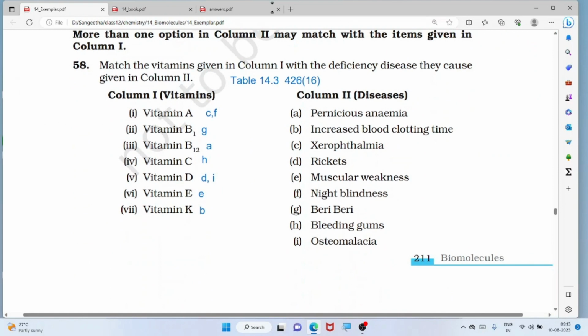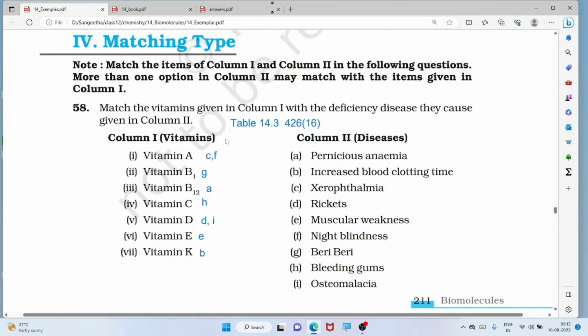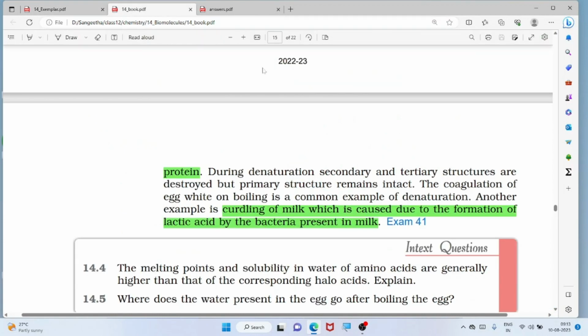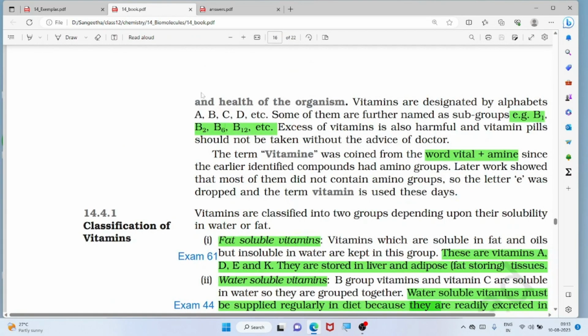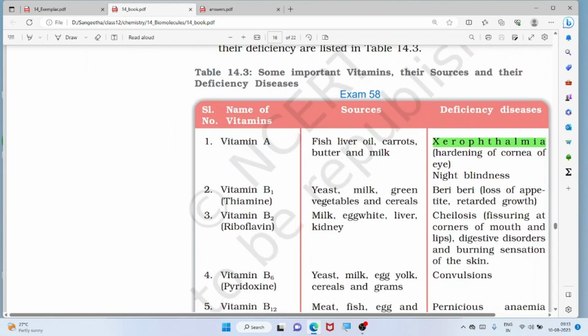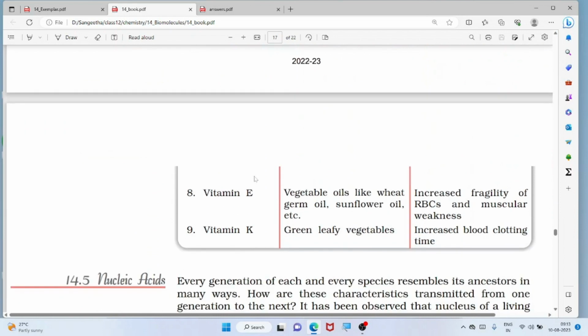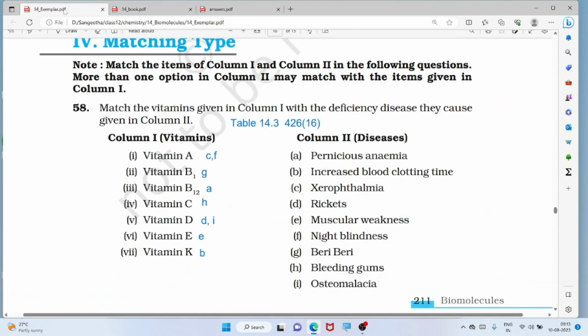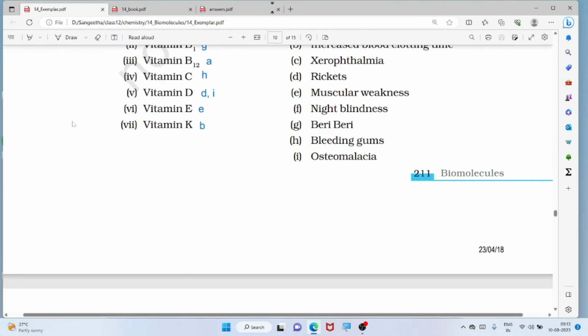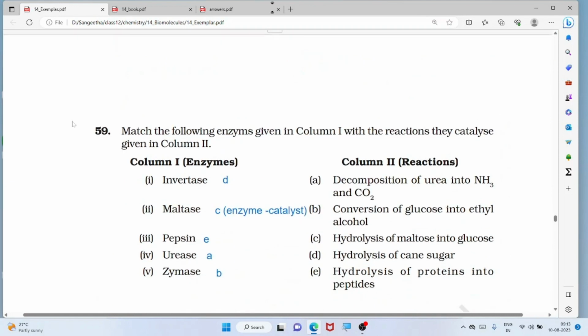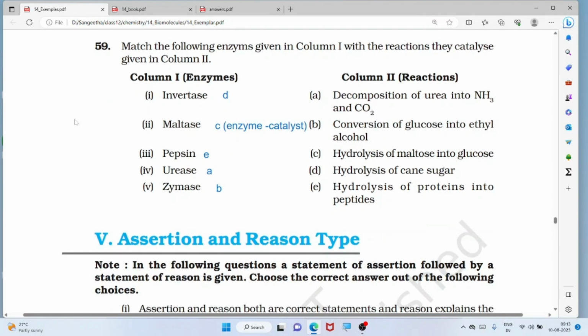Matching type, vitamins and their associated diseases, okay, is given in the 16. Okay, these are the vitamins and these are the deficiencies, okay. Match the following given below, okay.